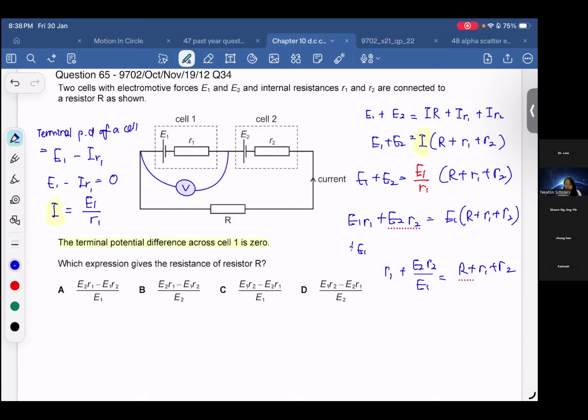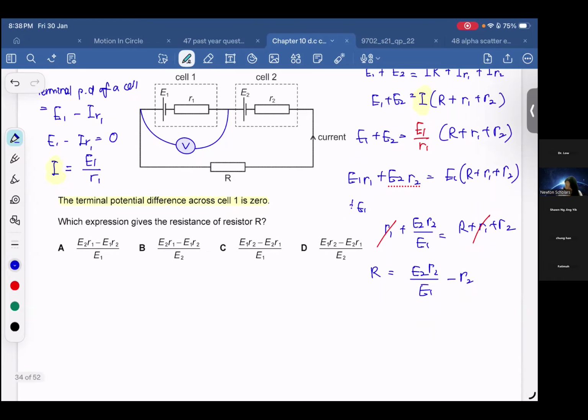I want to take out the R, so your R should be R1, and the small R1 here cancels. So it will be E2 R2 divided by E1 minus R2. So here, E2 R1 minus E1 R2 divided by E. The answer should be A.